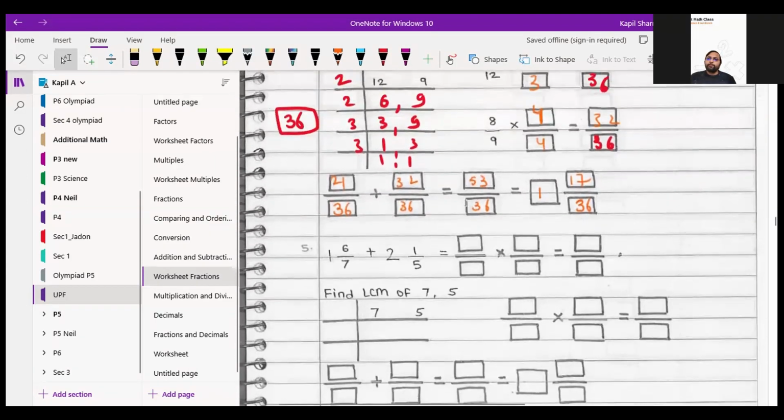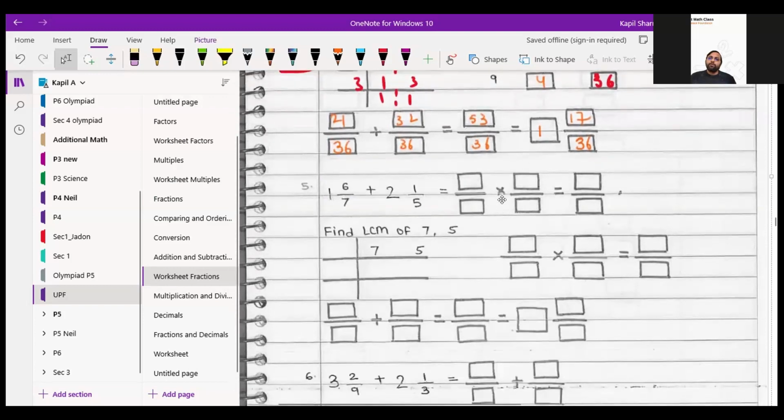Now, try the next one. 1 and 6 upon 7 plus 2 and 1 upon 5. 15 upon 7.